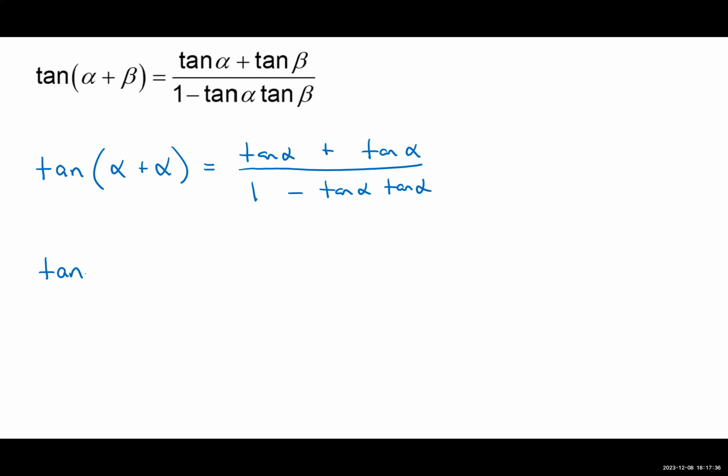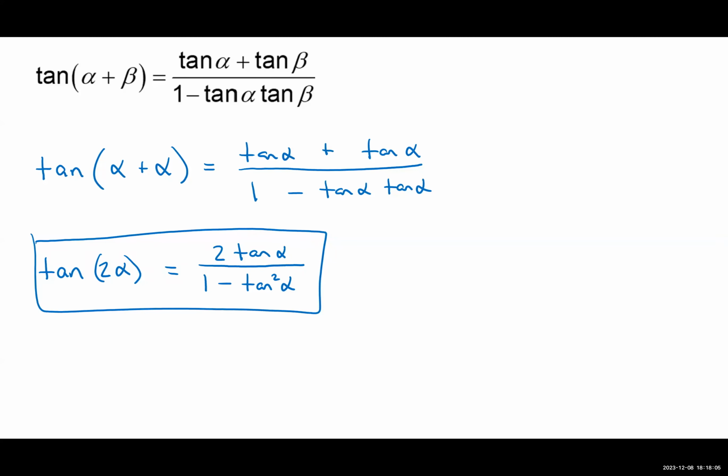So we get the tangent of 2 alpha is equal to, well, on top, we've got tangent alpha plus tangent alpha. So we've got 2 of those, 2 times the tangent of alpha. And on the bottom, 1 minus tangent of alpha times itself. So that's going to be tangent squared of alpha. And there is our double angle formula for tangent. We just take the sum formula that has an alpha and a beta. Say, okay, let's say those two numbers are the same. Alpha is equal to beta.